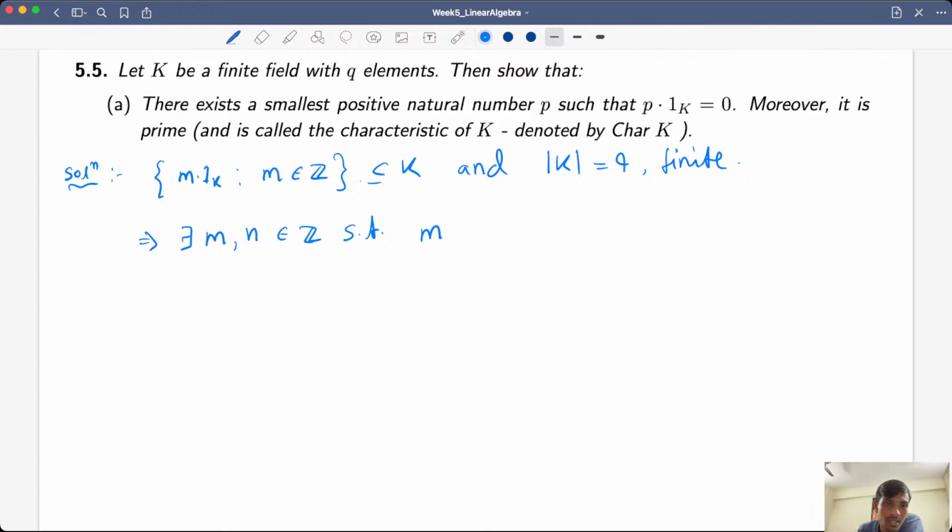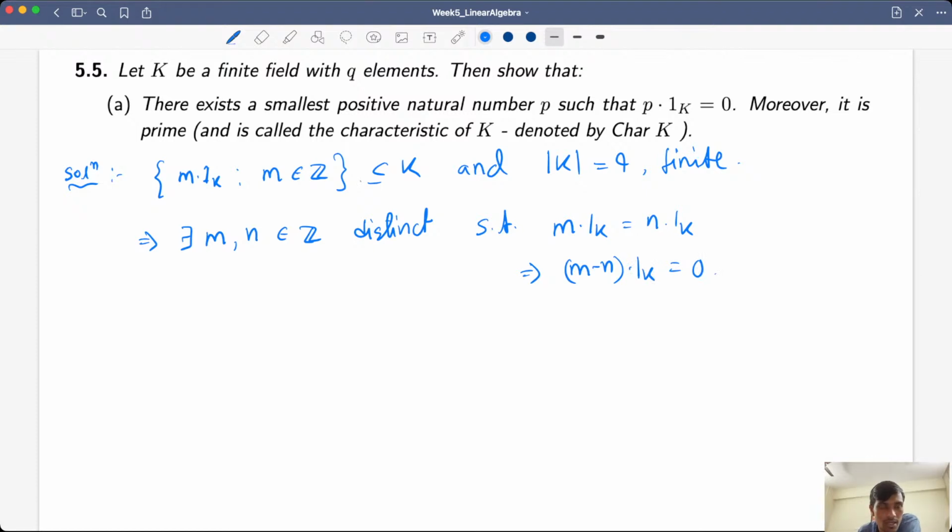So I must have integers m, n belonging to Z, m and n distinct, such that m·1_K is n·1_K, so m minus n times 1_K is 0.